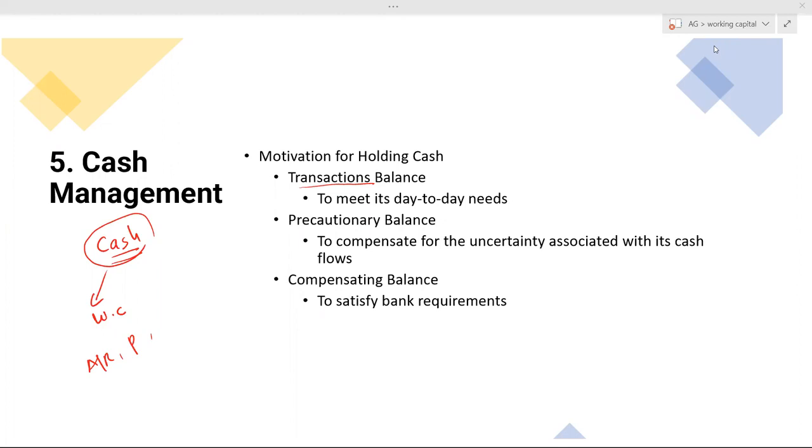In the precautionary motive, the company needs to keep a higher level of cash to compensate for the uncertainty associated with its cash flows. Okay, so in the course of the life of the company, it also experiences some uncertainties like labor strikes, lockouts, change in demand, etc. To fulfill any shock in those elements may need some cash.